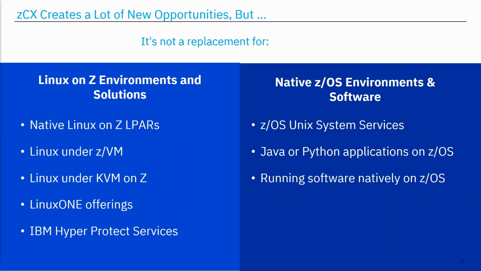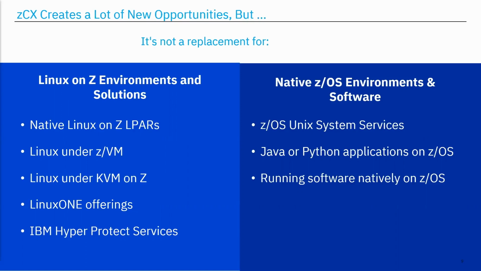And then there's running software natively on zOS. I'll give an example of IBM WebSphere. You can deploy WebSphere Liberty inside of zCX, but when you do that, you lose some of the tight integration that WebSphere for zOS has with the operating system, things like tight RACF integration and tight WLM integration. You're not going to get quite that same tight integration running in zCX as you would running natively on zOS.